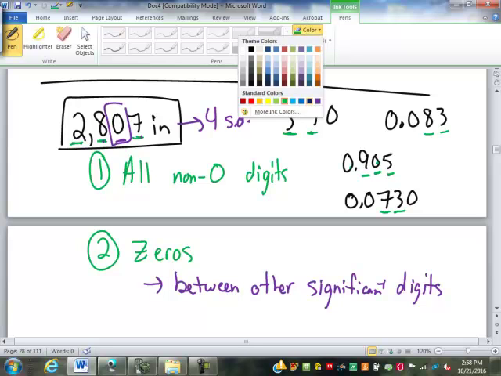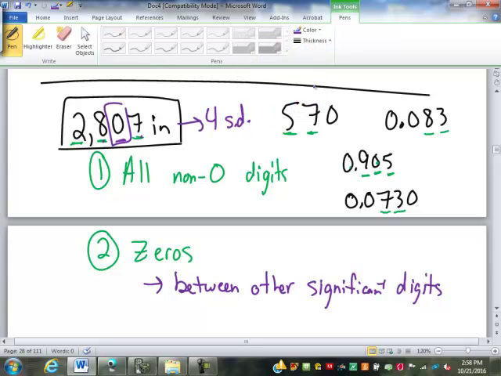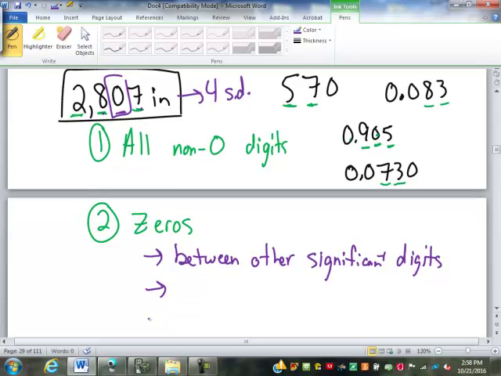Our next criteria that would make a 0 a significant part of our measurement would be if it is otherwise unnecessary. This is a tough one because it really messes with our knowledge of vocabulary.